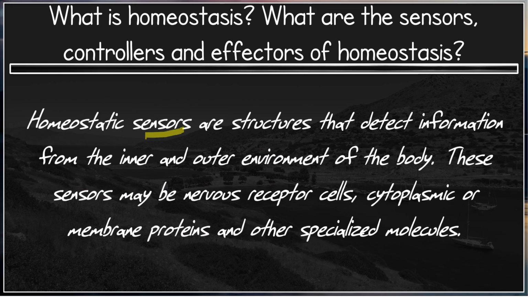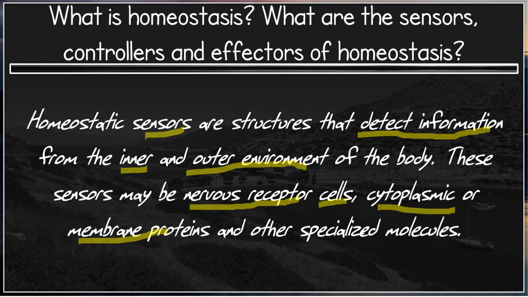Homeostasis sensors are structures that detect information from the inner and outer environment of the body. These sensors may be nervous receptor cells, cytoplasmic or membrane proteins, and other specialized molecules.